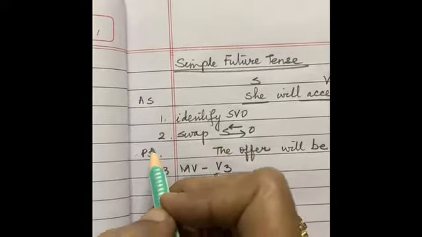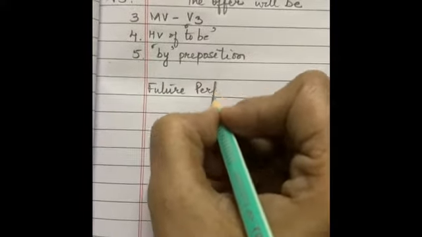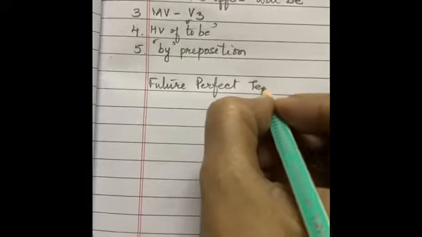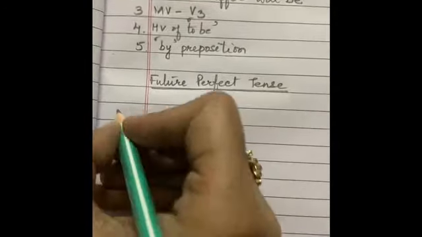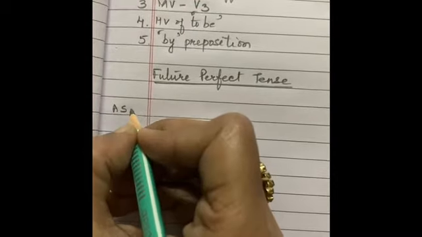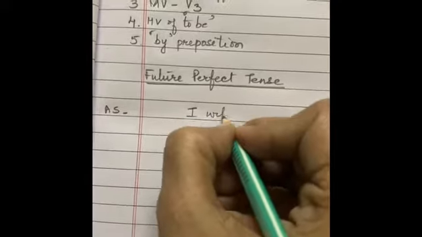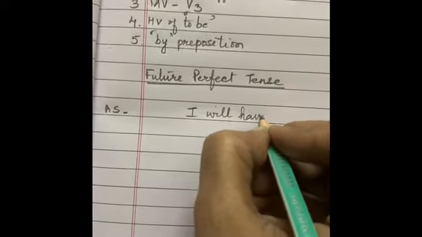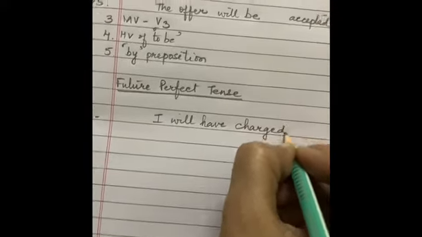Active sentence, passive sentence. Okay, let's see an example of future perfect tense now. Clear? And the active sentence is: I will have charged the battery.